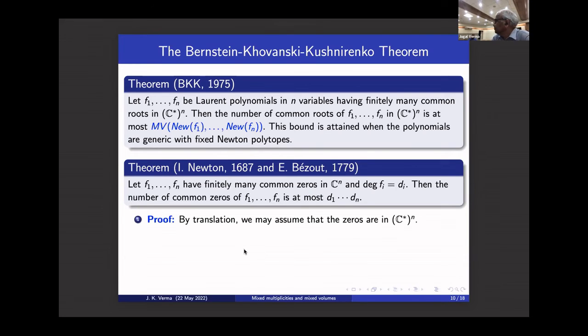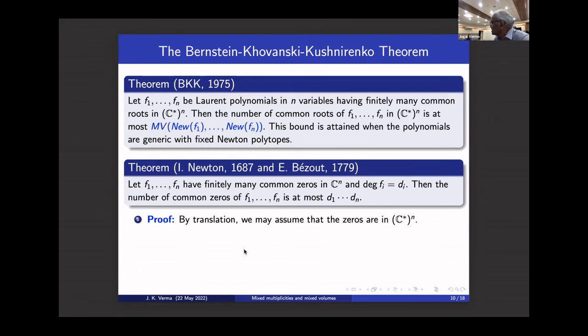The number of polynomials is n, and we are looking at zeros in C^n. That is a restriction, and that gives you the finiteness. But it's a general theorem of Eisenbud and Evans that any algebraic set in C^n is defined by at most n equations.